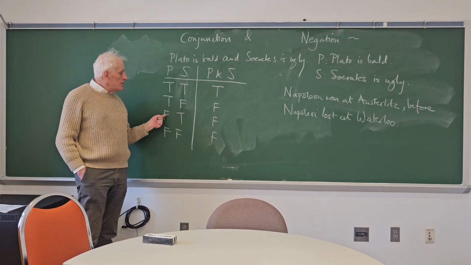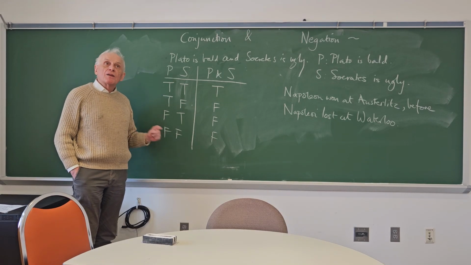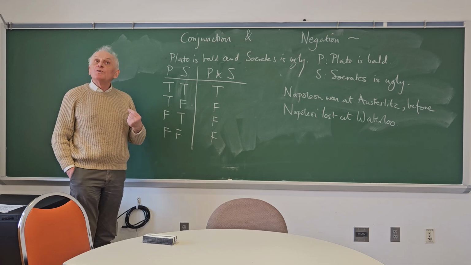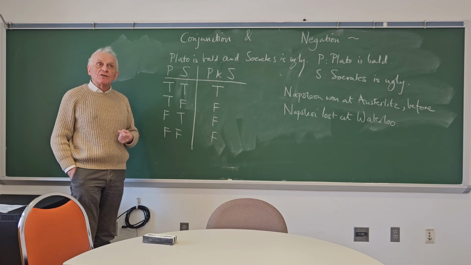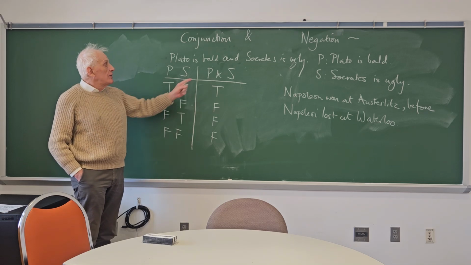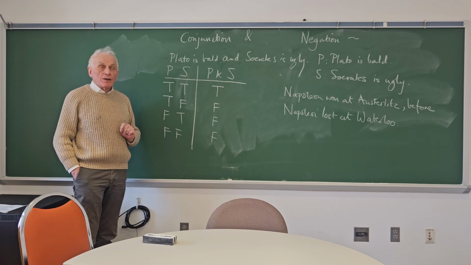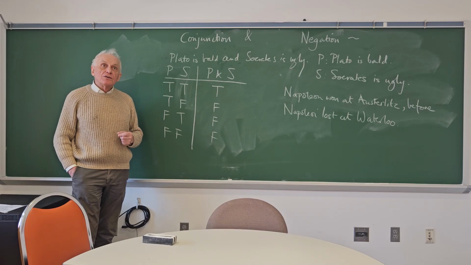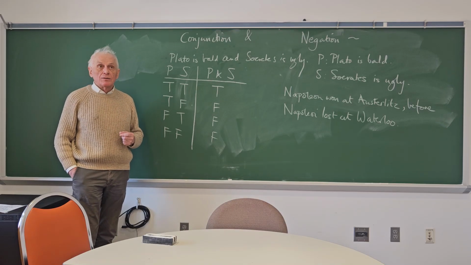But if one of the sentences is false, or they both are, then the whole conjunction is false. All you need to know is the truth values of the sentences being joined together, and you know the truth value of the resulting conjunction. Before is not like that. That's why before is not a truth functional connective.